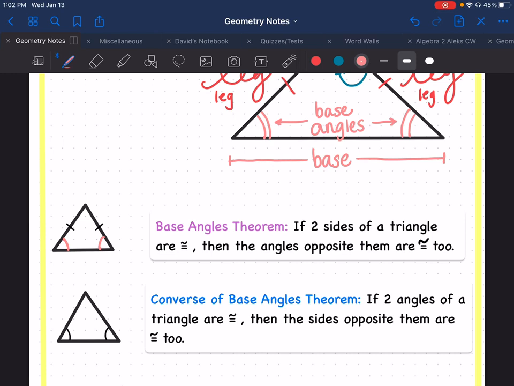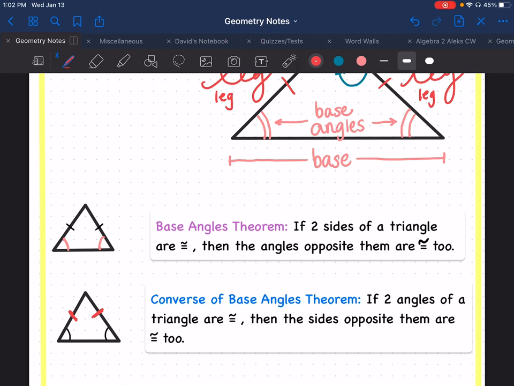The converse of this is also true, which says if I know that two angles in a triangle are congruent, then the sides opposite them, here and here, are congruent as well. So basically, then you know that this triangle is an isosceles triangle as well.